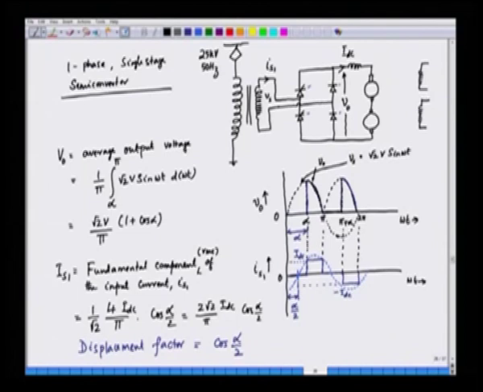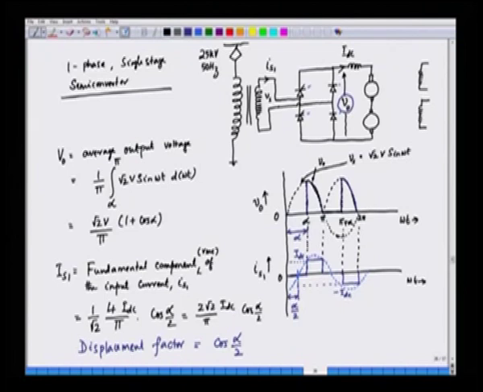And here the output voltage V naught can be written in the following fashion. The average output voltage is the integral from alpha to pi. The output voltage will look like this. The triggering angle is alpha. From alpha to pi we have the powering region.